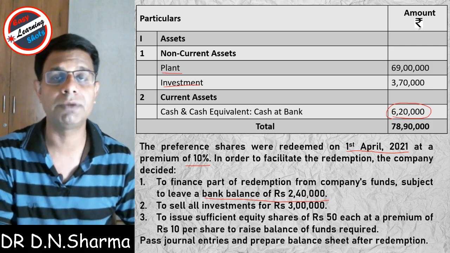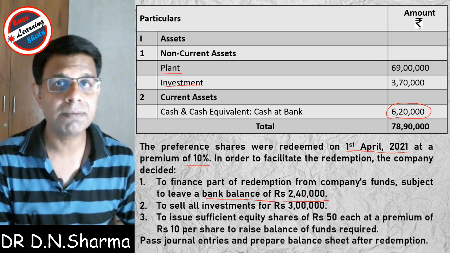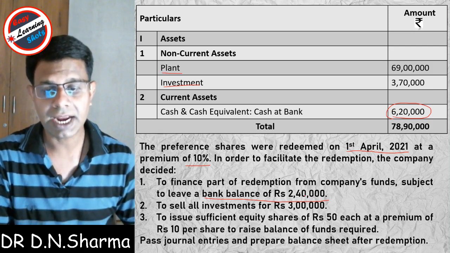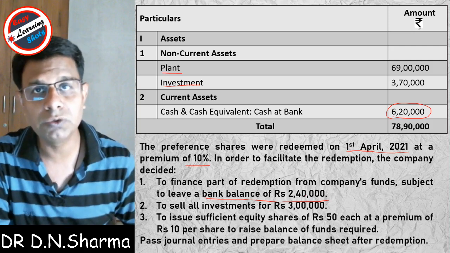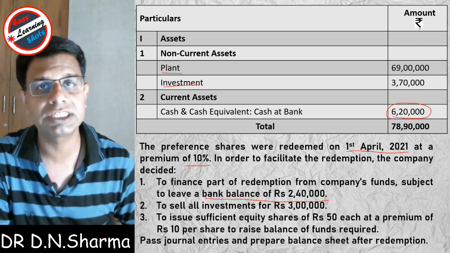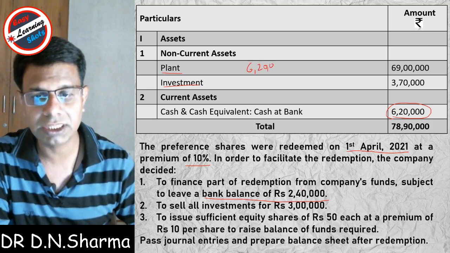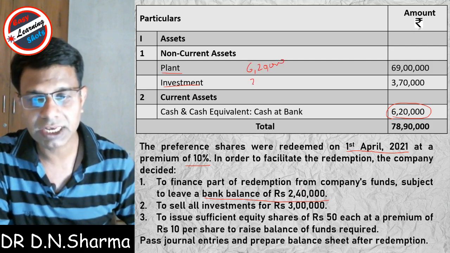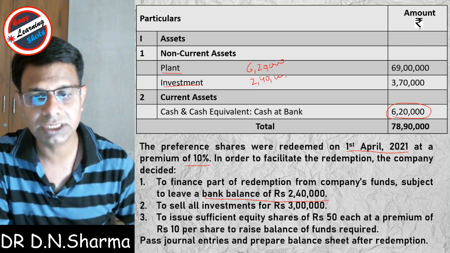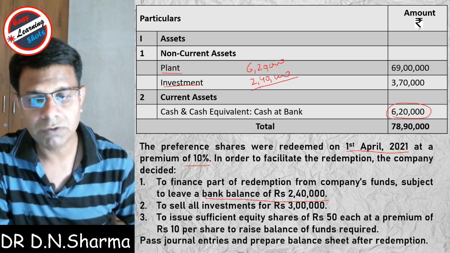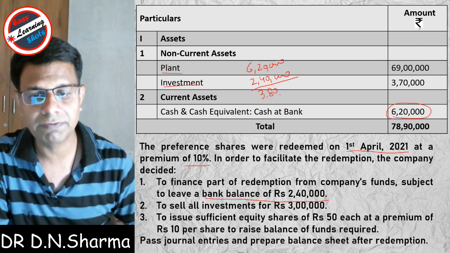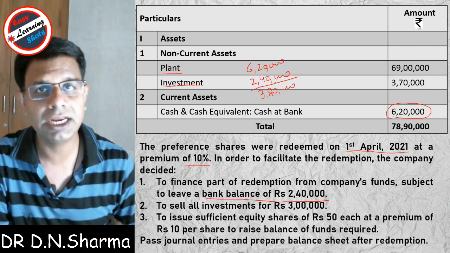Now this is the problem, because the company's bank balance is already very low, and the company says that we cannot use 2,40,000 out of 6,20,000. So the company bank balance is 6,20,000, and we cannot use 2,40,000. So the amount which is available for the redemption of preference shares is only 3,80,000.